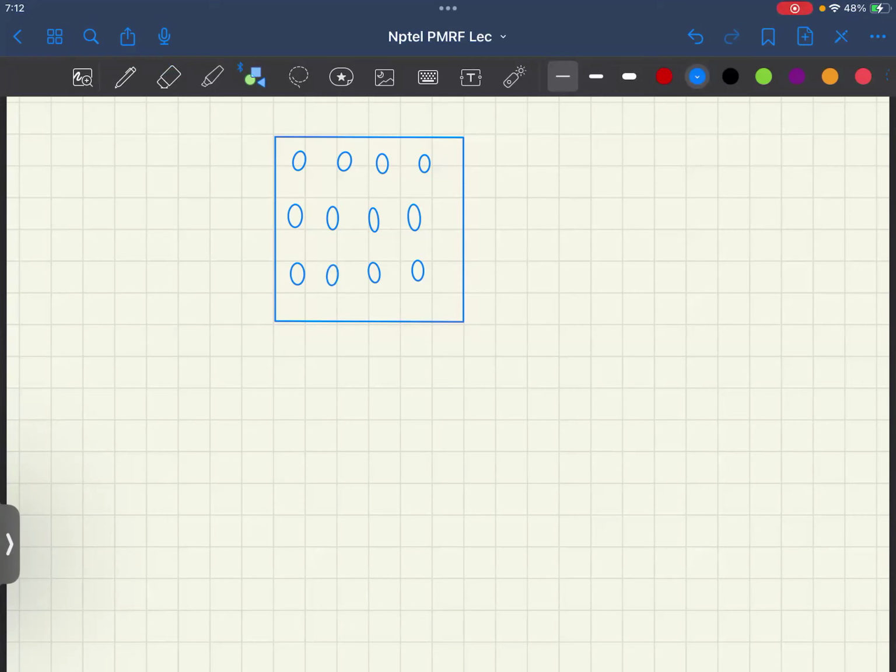Okay, so we have this container. Let us assume that these are the atoms, and let's say this is a container.